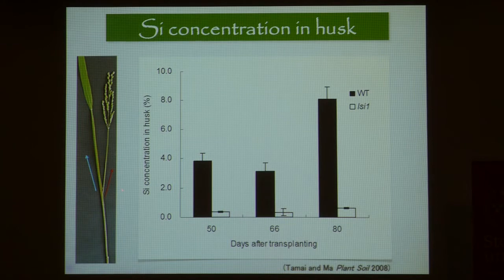So if the distribution of silicon follows the transpiration, more silicon will be distributed to the flag leaf, and less silicon will go to the panicles. But if you analyze the silicon concentration in different organs, you will find that actually there is more silicon in the husk of the grain. So this means that the silicon distribution does not follow the transpiration.